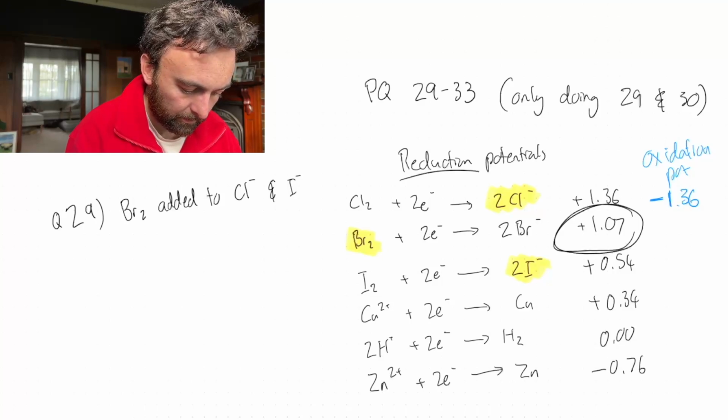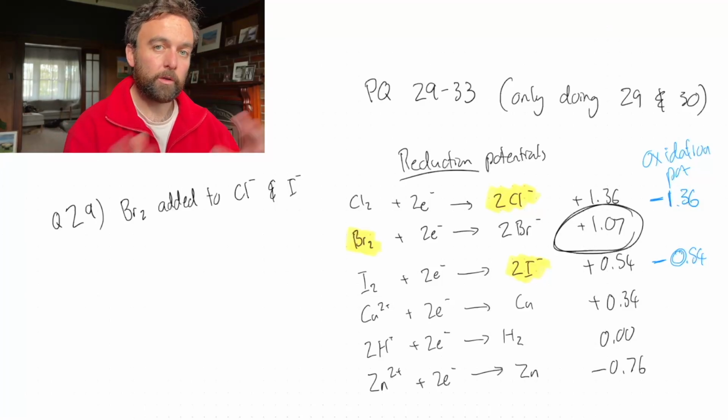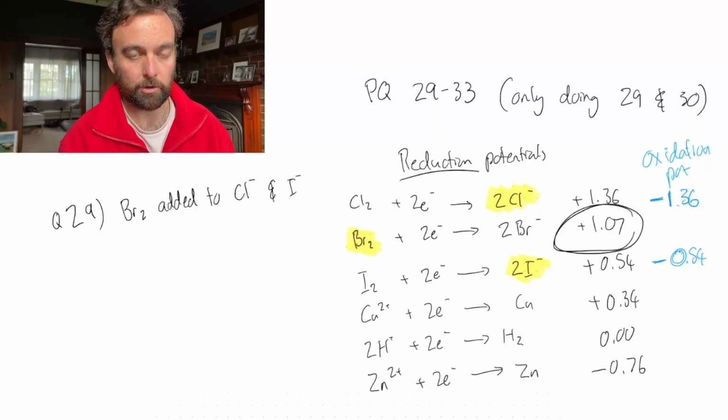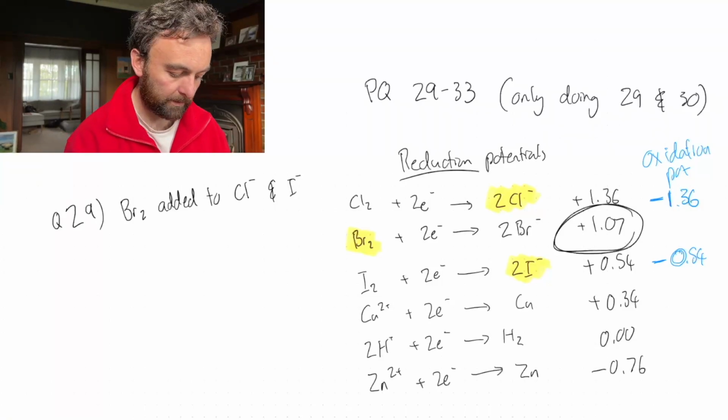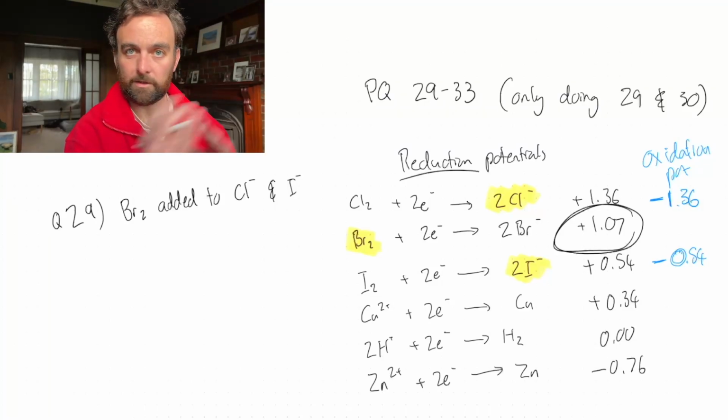And the iodine goes from plus 0.54 to negative 0.54. And same thing as the bromine, the chlorine and the iodine can only be oxidized. They can't be reduced because they're already in their reduced form. So chlorine and iodine have to go to the left, and then Br has to go to the right.